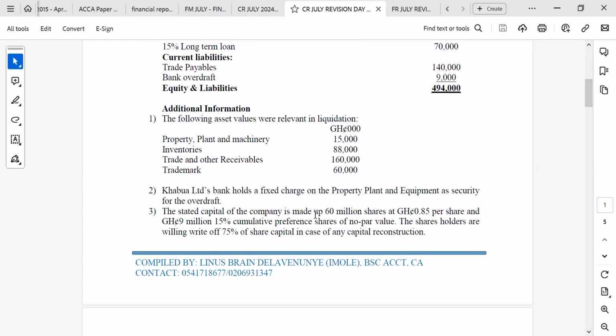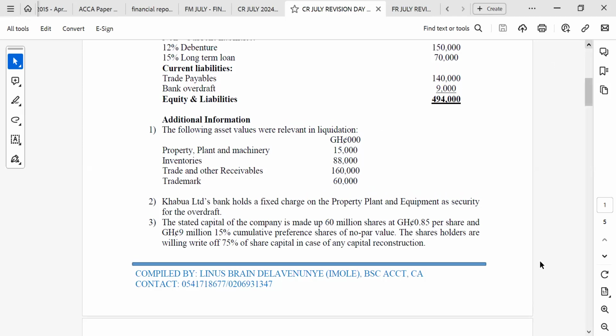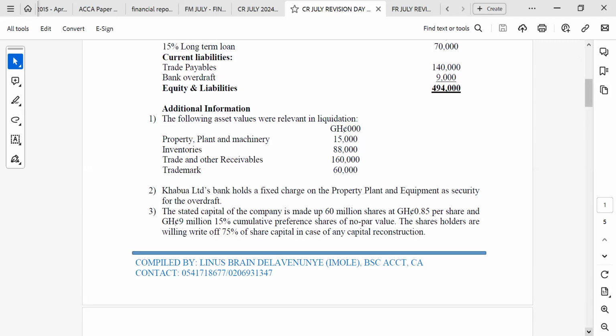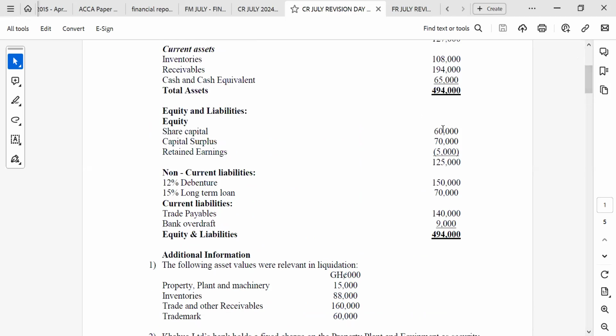The stated capital of the company is made up of 60 million shares at 0.85 per share. So just do 0.85 multiplied by 60, and you'll be having 51. If you add the preference shares of 9 to it, you get the 60,000 they have there. We don't have a figure for preference shares here, but he has given us the preference shares.